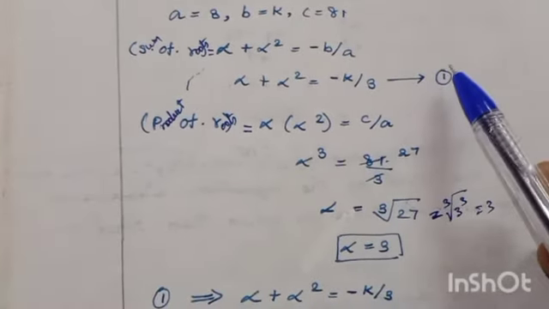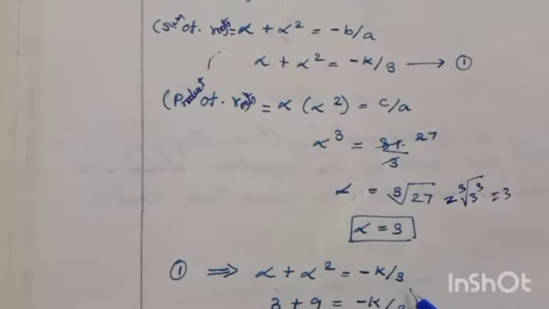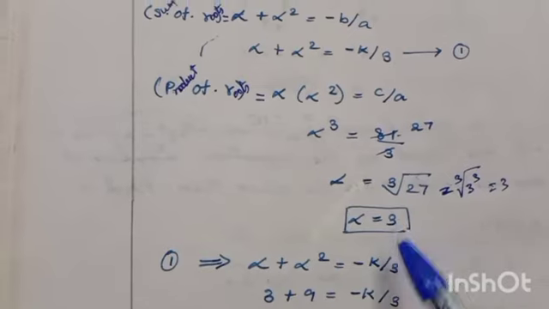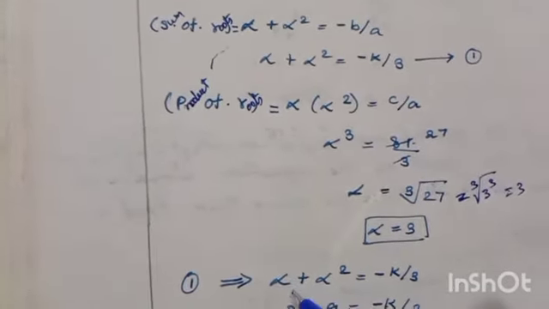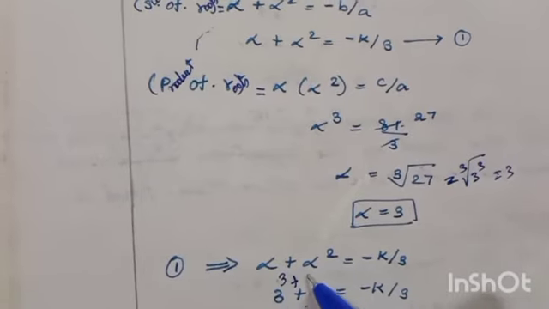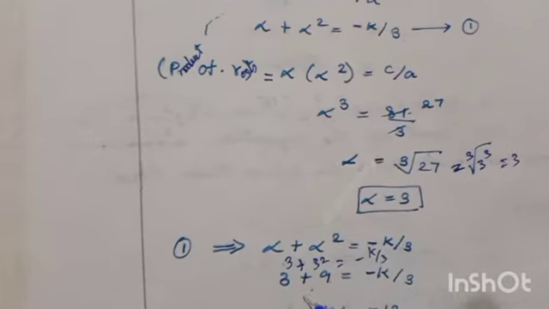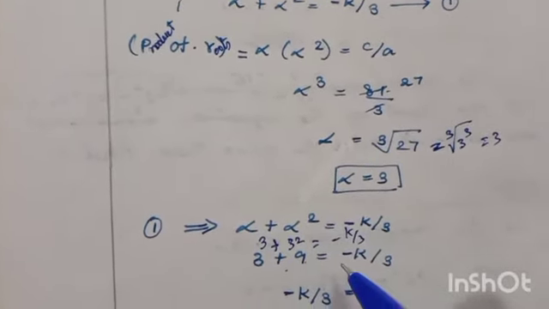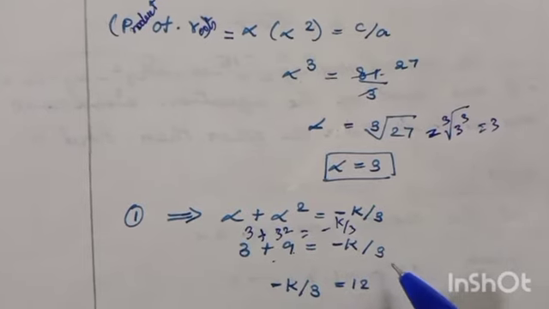From the first equation, alpha plus alpha square is equal to minus k by 3. Alpha we found as 3. 3 plus 3 square, value 9. Otherwise you write one more step: 3 plus 3 square is equal to minus k by 3. Then 3 plus 9 is equal to minus k by 3.